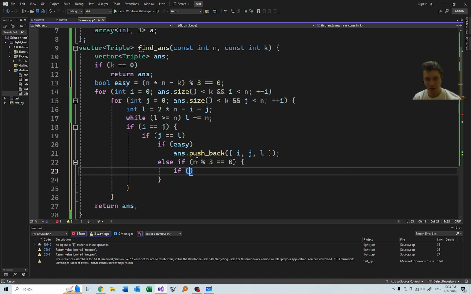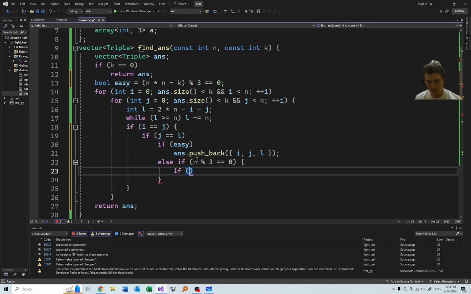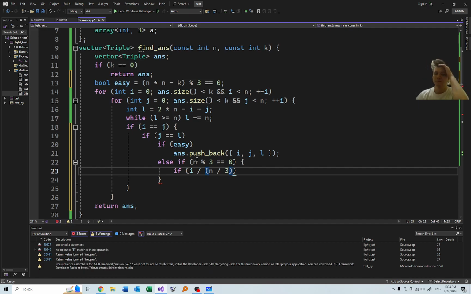If i divided by n divided by 3, yeah, so it is either 0, 1, or 2. When do we need to take it?